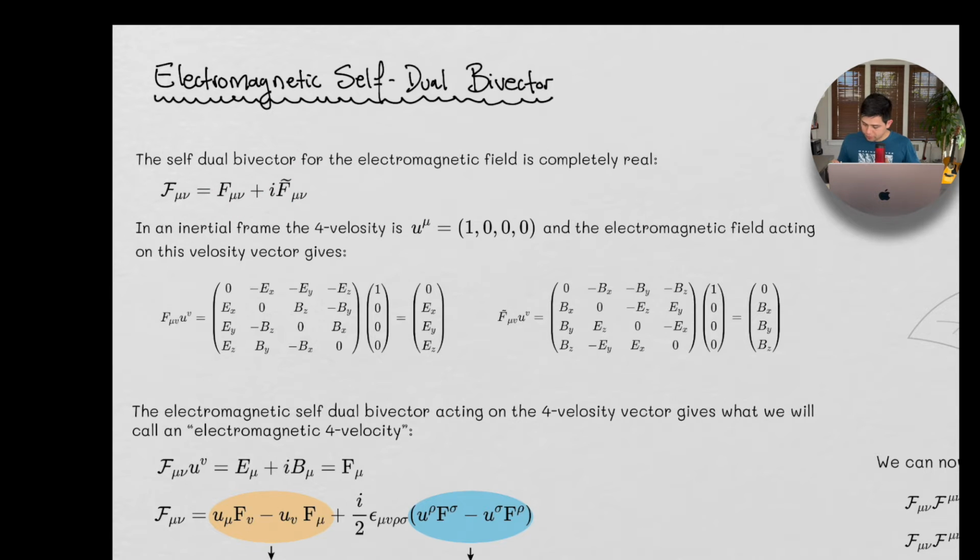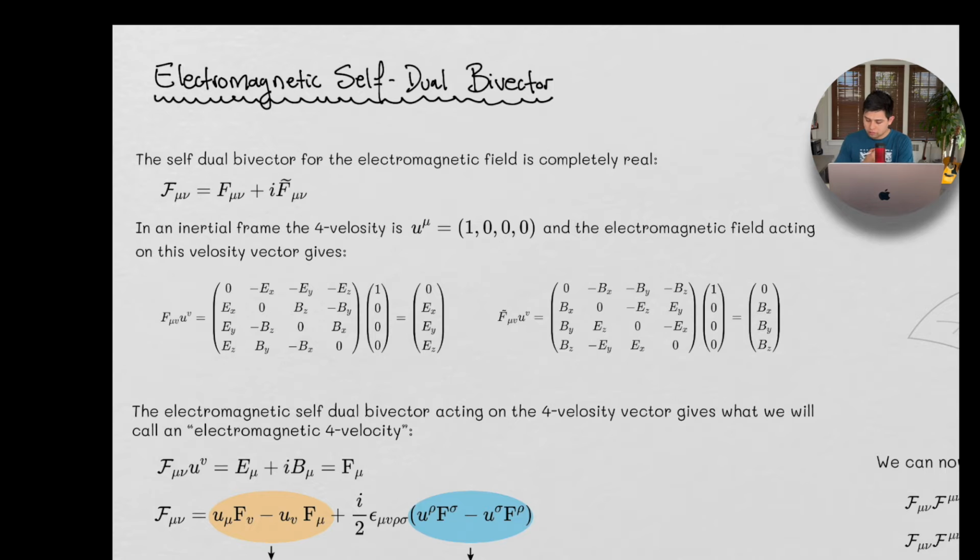Okay? So the self-dual bivector for the electromagnetic field is going to be completely real, because when we multiply this by the upper indices, we'll find out that, excuse me, we can effectively get rid of the complex part.